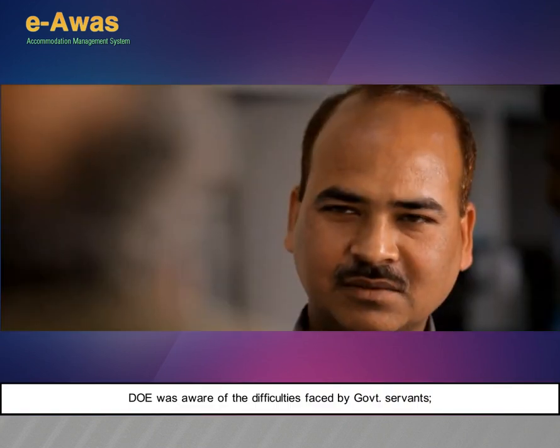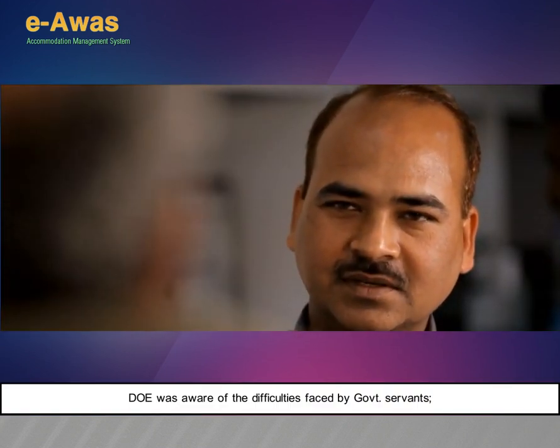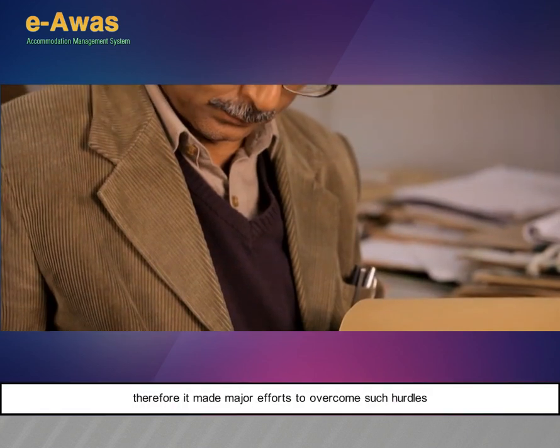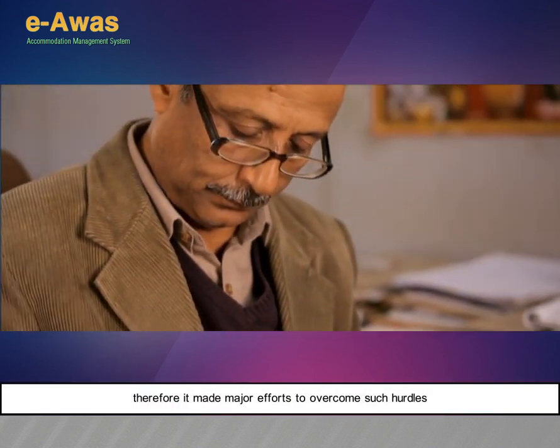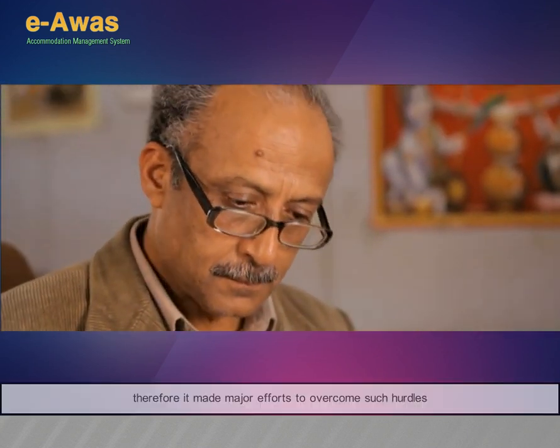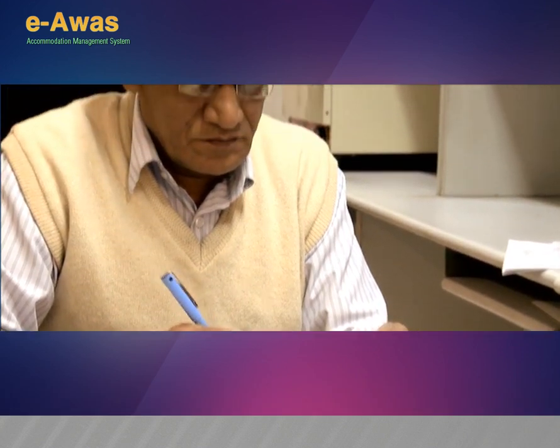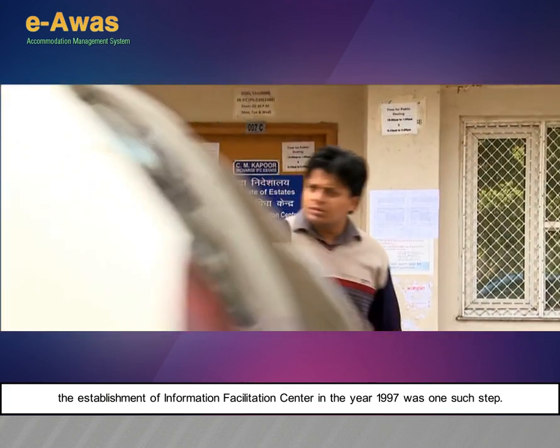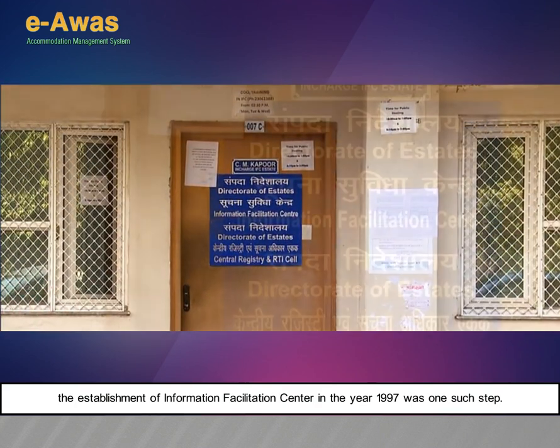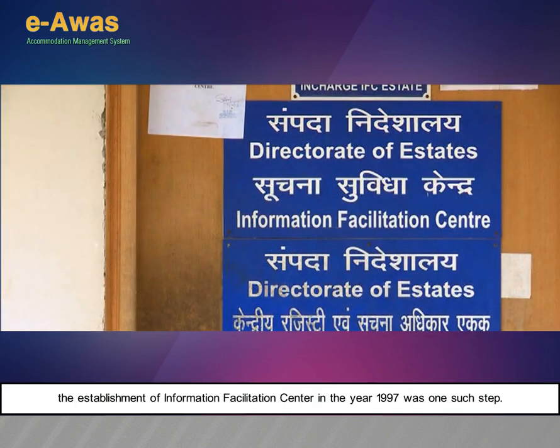DOE was aware of the difficulties faced by government servants. Therefore, it made major efforts to overcome such hurdles. The establishment of the Information Facilitation Center in the year 1997 was one such step.